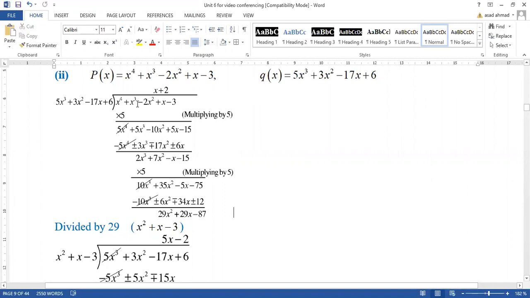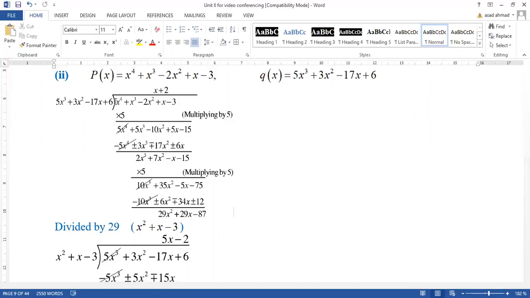Now, before starting the division, you have to see that you cannot read the table of 5x3 even one time, because if you write it inside, you can see that this is x raised to power 4. So you cannot generate 5 in either way.